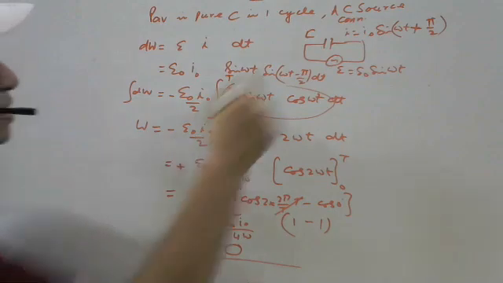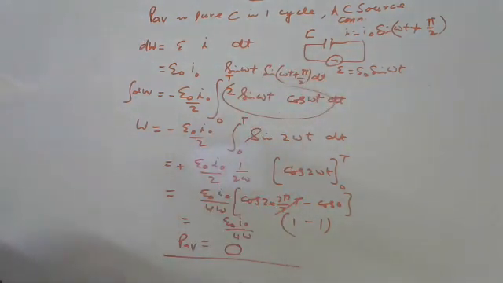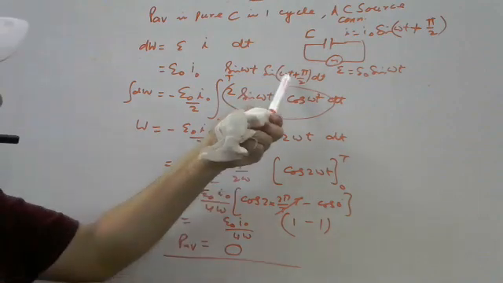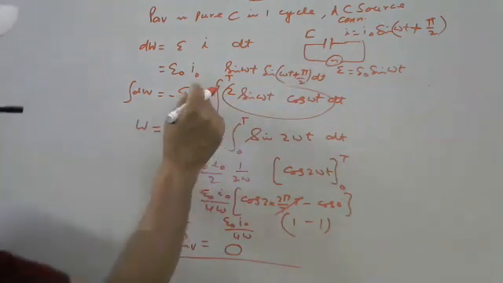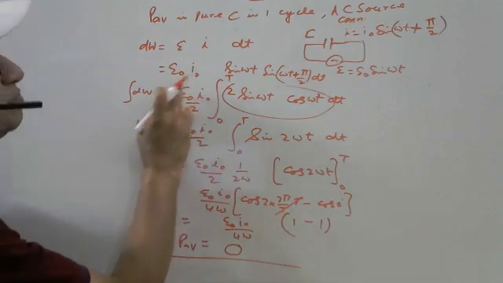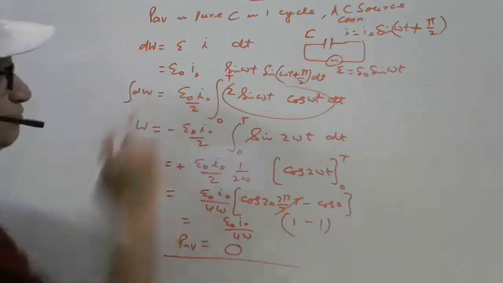So we are putting this value sin omega t plus pi by 2, and we know sin of 90 plus theta is what? It is cos theta. So here we are getting this one is plus cos theta.